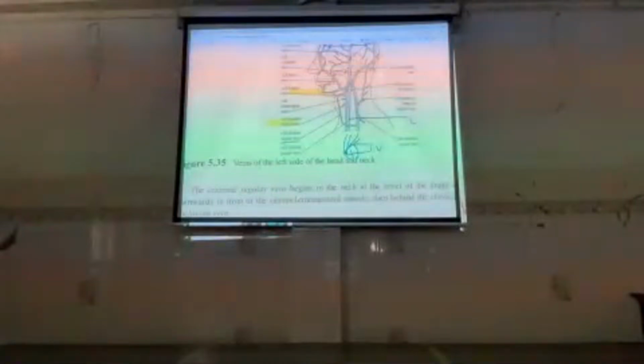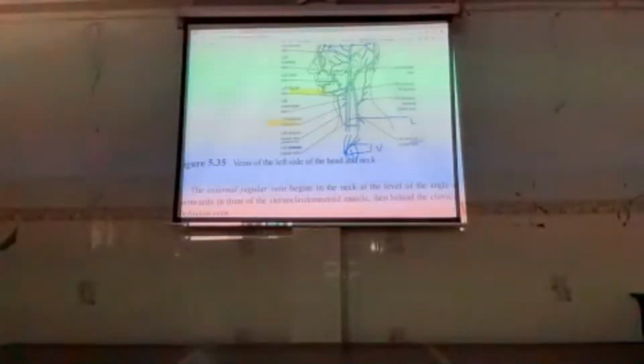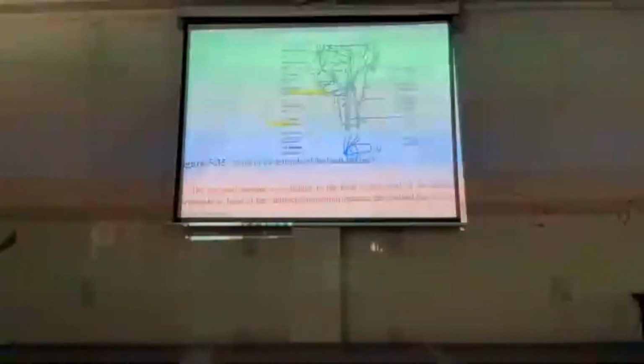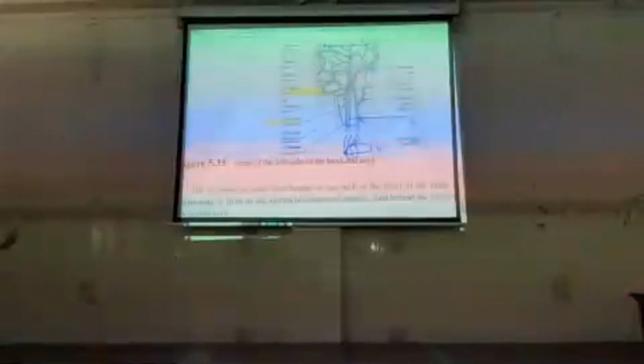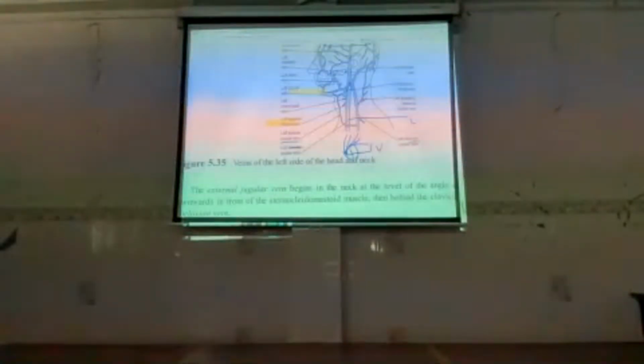This jugular vein is divided into two types: the internal jugular vein, which is present inside, and the external jugular vein, which is present outside. Now, when it goes a little higher, we have the thyroid vein.